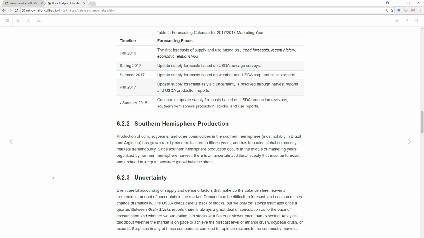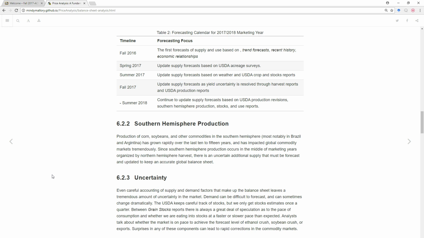Now, as of the fall of 2017, we're just entering the marketing year, and there's still a whole year left because we have to observe how fast the commodity is consumed throughout the next year. So basically from the fall of 2017 to the summer of 2018, that's what that dash summer of 18 represents in the last line of the table. We'll be continuing to update the supply forecast because the USDA will revise that yield number all the way through until sometimes January of 2018 or the next year.